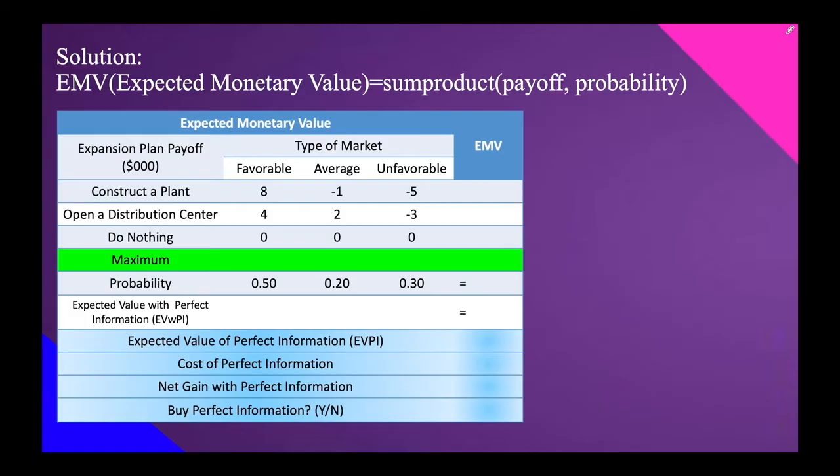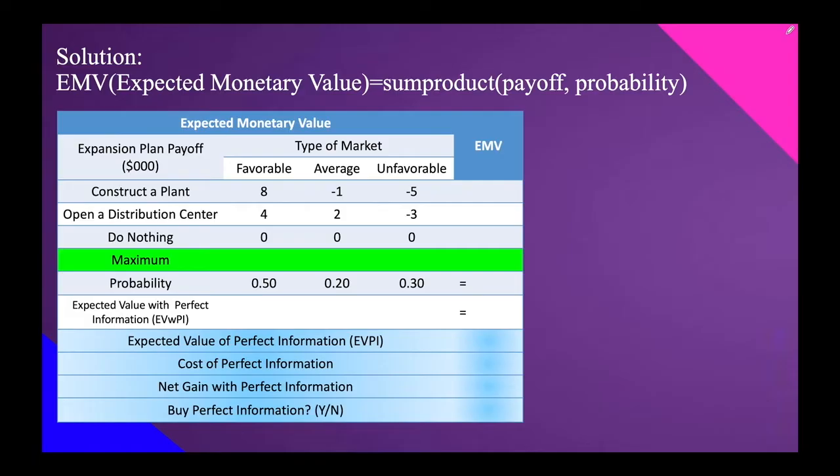When we say sum product, we have a product of sets of data and we sum those products. Sum product for me means sum of those products. And the arguments are written here: payoff and probability.